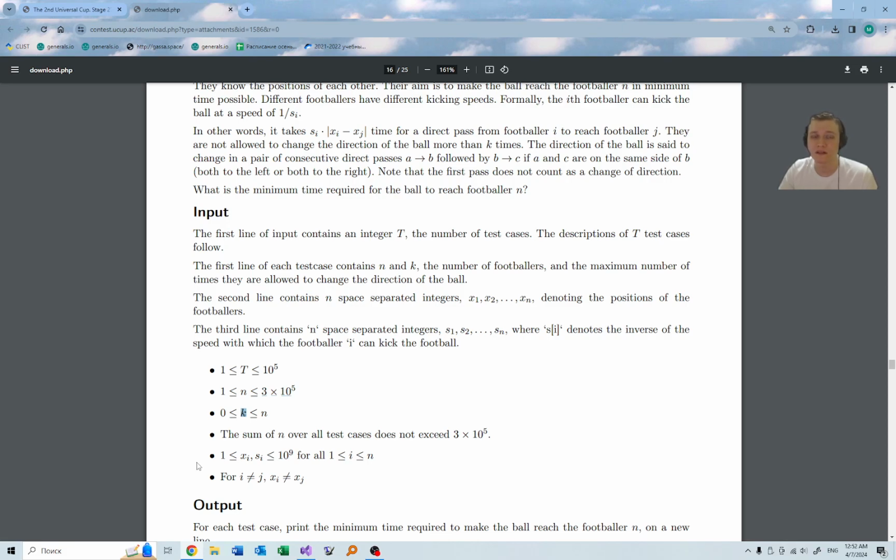You say that you allow as many passes as you want, and each pass costs some fine called lambda. And if lambda is 0, then you basically have no restriction at all. However, if lambda equals plus infinity, then there is a restriction that you just never want to change the direction of the ball. So k basically is at most 0.